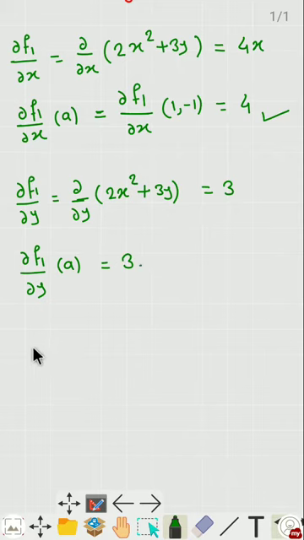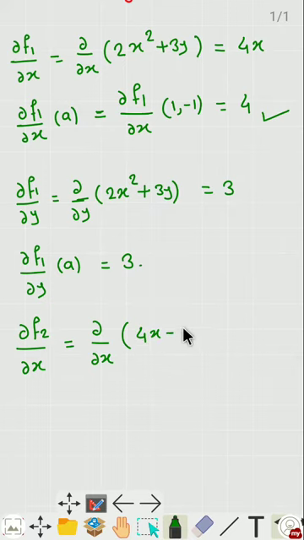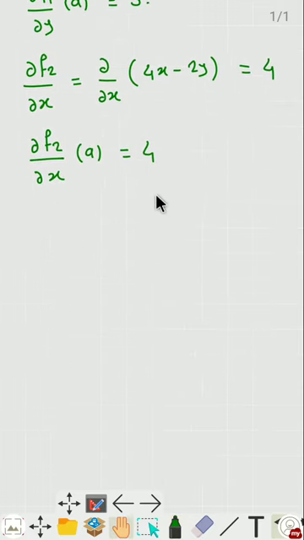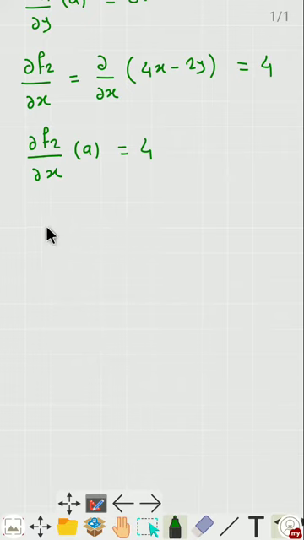Okay, now let us go to the next function f2, and find its partial derivative with respect to x. So ∂/∂x of function f2, which is 4x - 2y, and its derivative with respect to x is 4, and therefore the partial derivative of f2 with respect to x at point A is equal to 4 also. Now we find the partial derivative of f2 with respect to y.